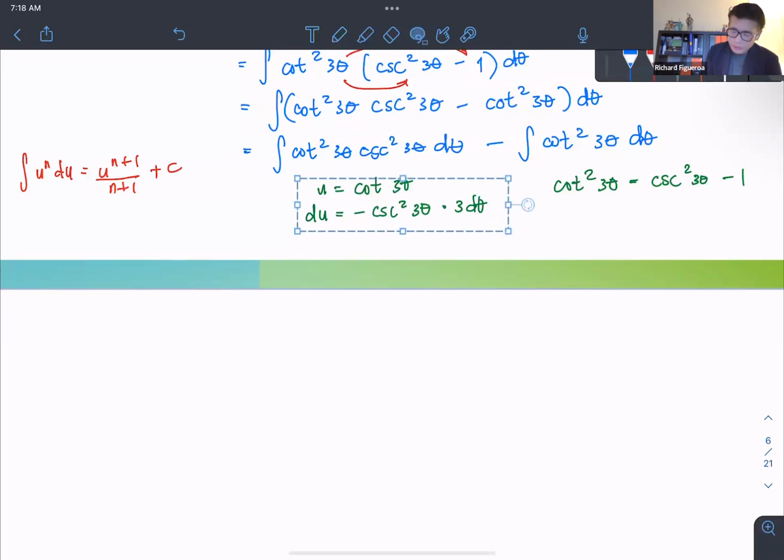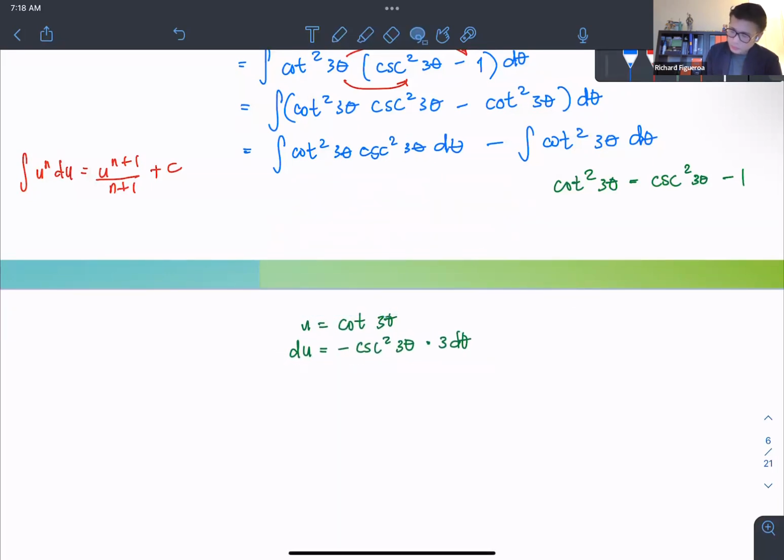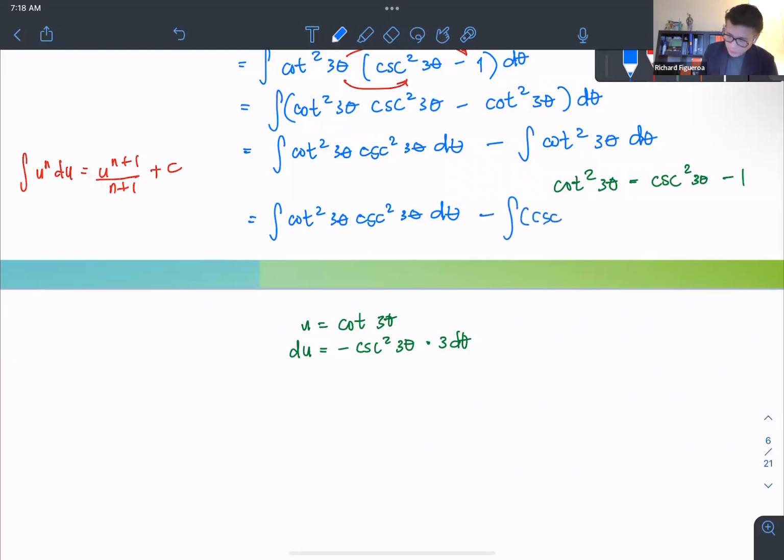Going to move this here. So yan. So ito meron na. No? Pero ito, so we need to transform this one into the integral of cosecant squared 3 theta minus 1 d theta.